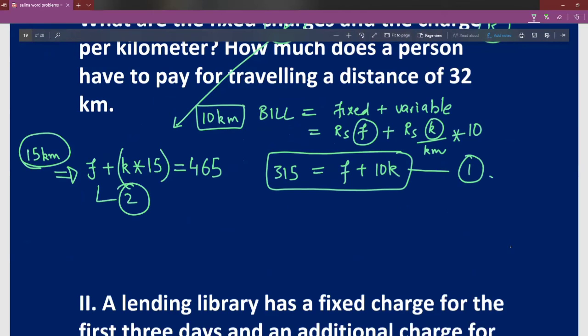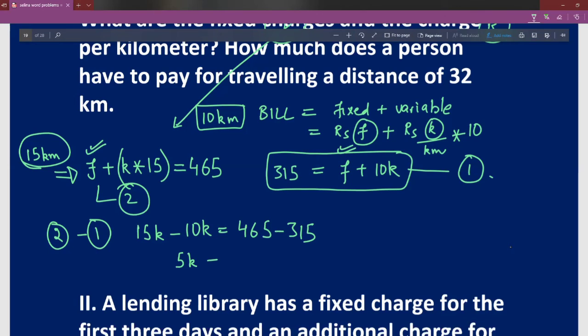Again, easy way of solving these two equations is if you do 2 minus 1. Why? Because this F will get cancelled on both sides. So try to do this. 15K minus 10K would be equal to 465 minus 315. 5K would be equal to 150. K would be equal to 30.